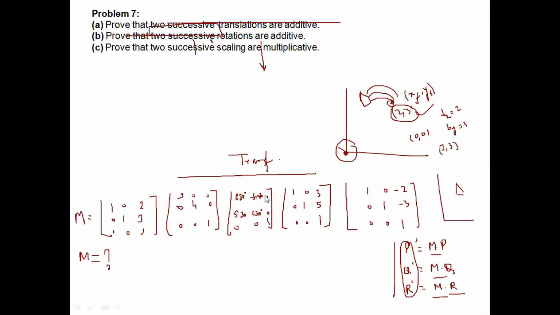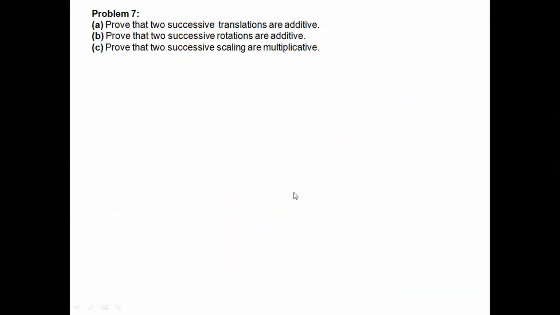So these three problems we have already solved earlier, that is: prove two successive translations are additive in nature, two successive rotations are additive in nature, prove that two successive scalings are multiplicative. Okay, so you can easily do it in general form.